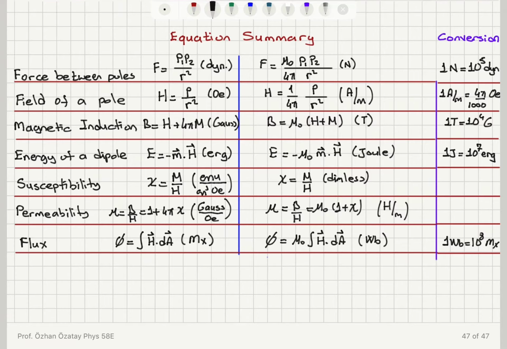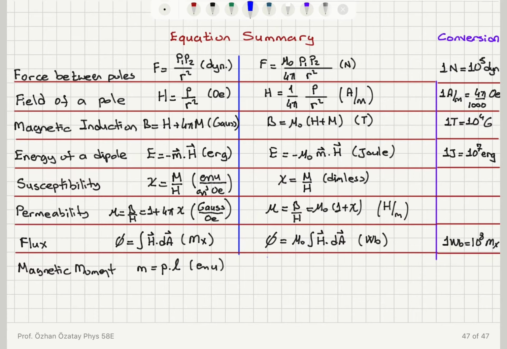And for the magnetic moment, let's continue here with magnetic moment. Magnetic moment in CGS is basically the pole strength P multiplied by the distance between the two identical poles with different signs, and it's measured in EMU.